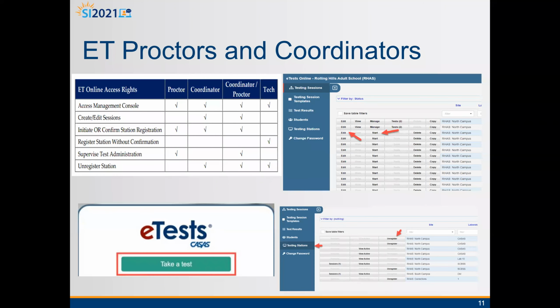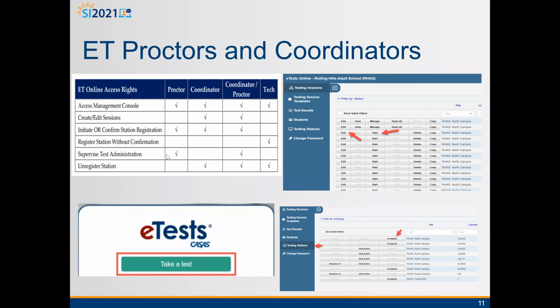Back then, prior to COVID, we needed two authorized users, proctor, coordinator, to sign off on a registered computer. So now it's a lot easier to register a computer, and this is probably why the group text right here is a little outdated and obsolete, because it said they didn't need a confirmation for registration.